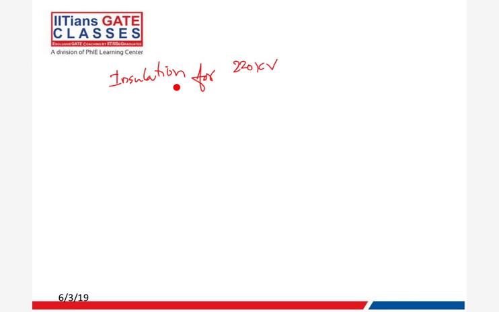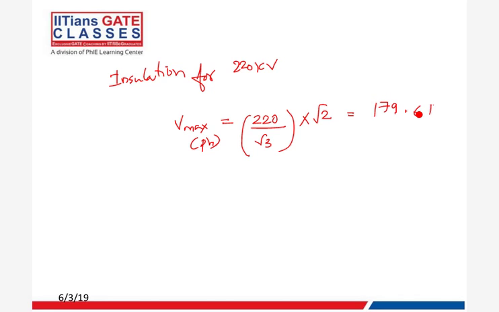You should actually select it for Vmax or V peak, which will be 220 divided by root 3. This is per phase, right? Vmax per phase is 220 divided by root 3 into root 2. So you should select it for 179.6 kilovolt.